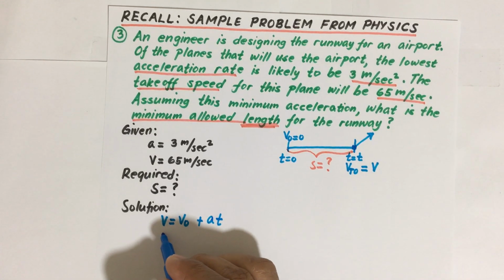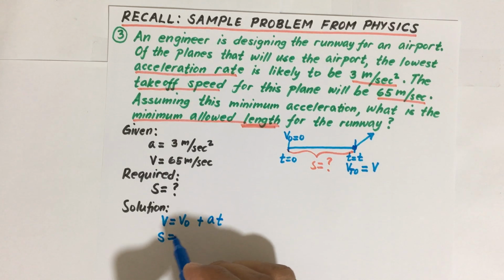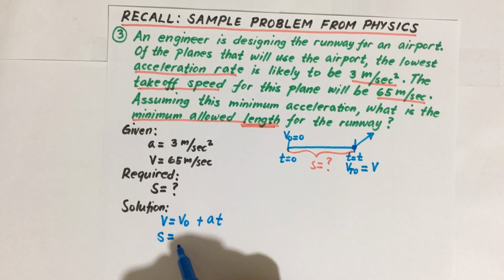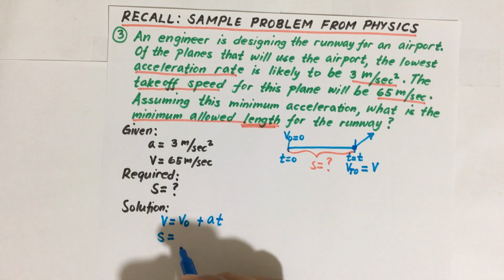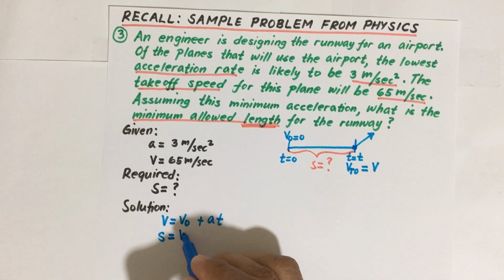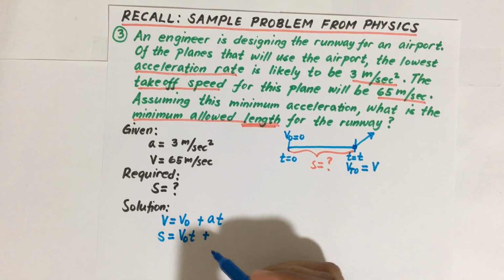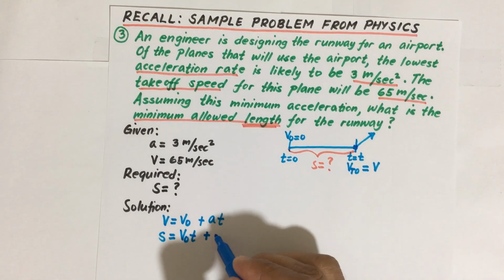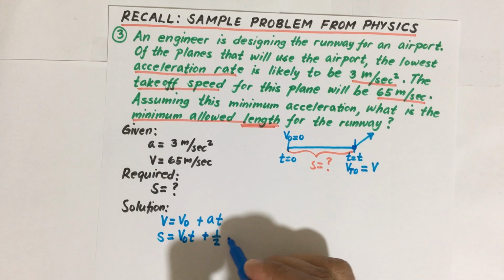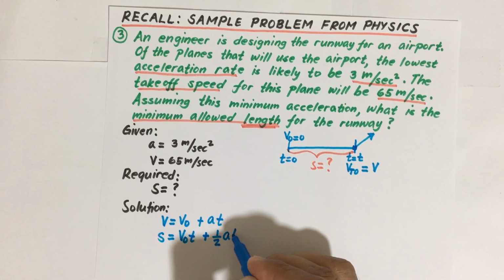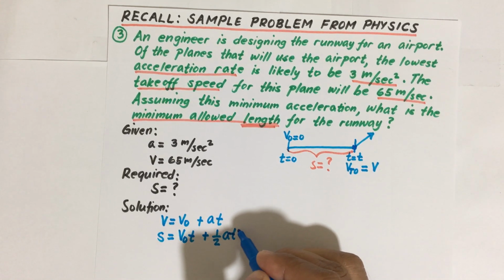Then the displacement s, or in this problem the minimum allowed length of the runway, is equal to the initial velocity multiplied by the time t plus 1/2 times the acceleration times the time squared.